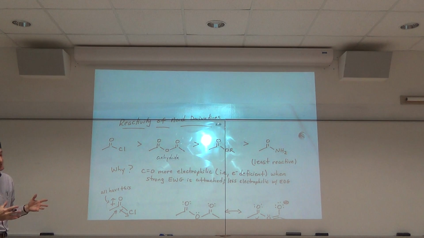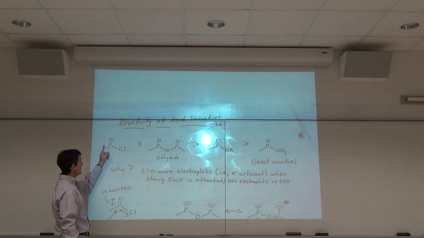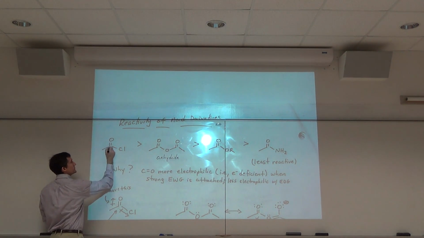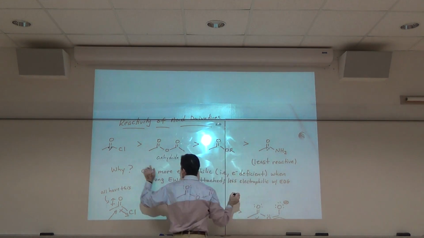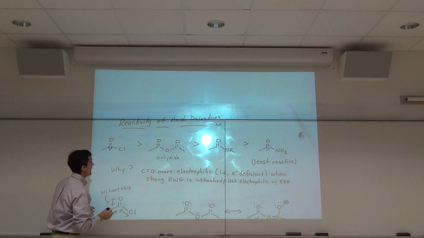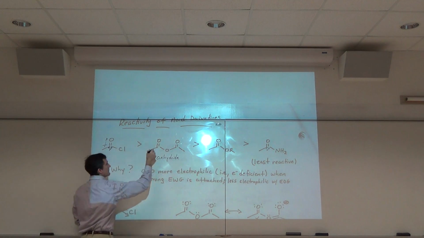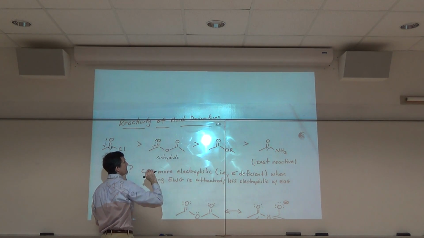And then amides. Amides tend to be hard to hydrolyze. They're least reactive. So why? It all has to do with the partial plus. There's more partial plus here versus here. Now they all have this carbonyl portion.